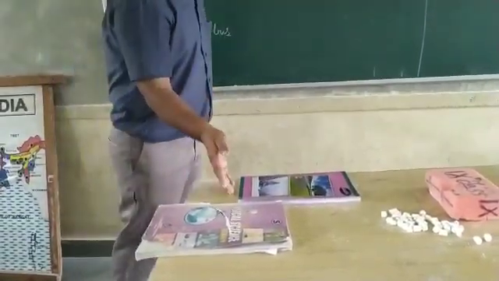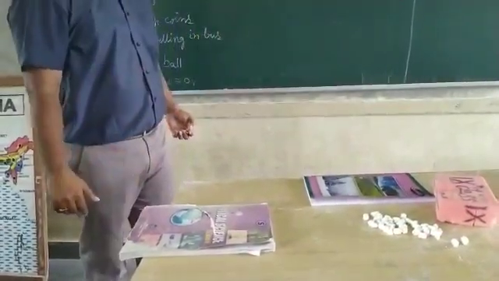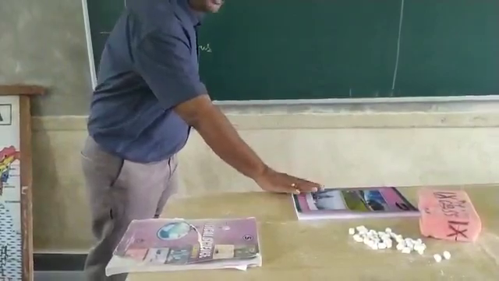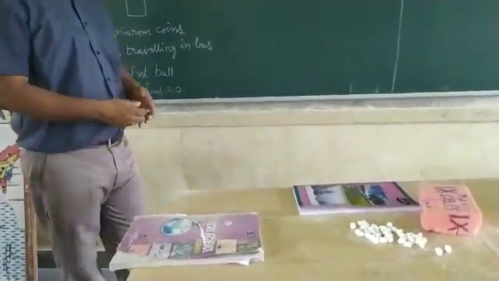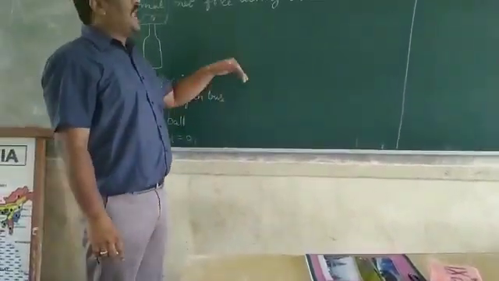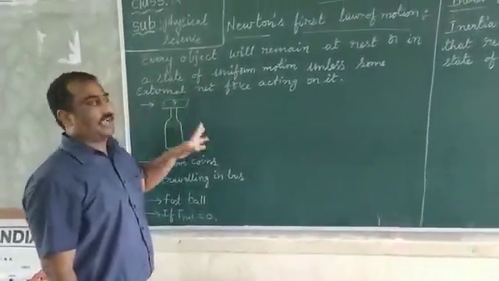If I apply some force, then only the object will move. That means every object continues in a state of rest or in a state of uniform motion unless some external force is acting on it. This is Newton's first law.